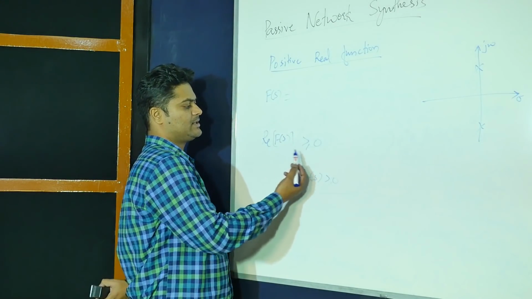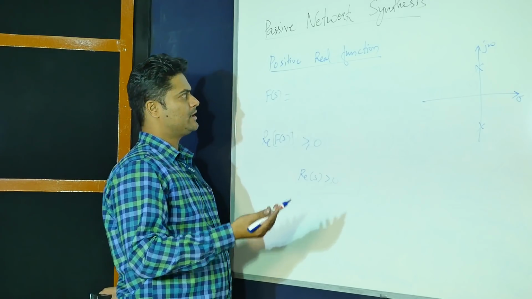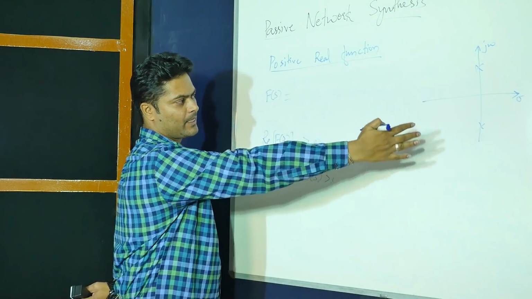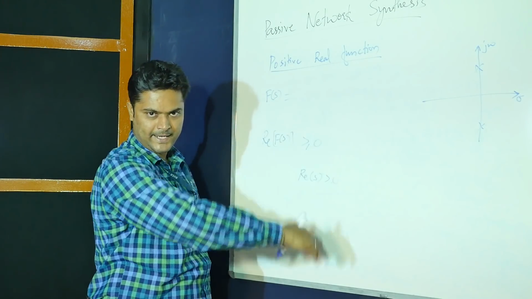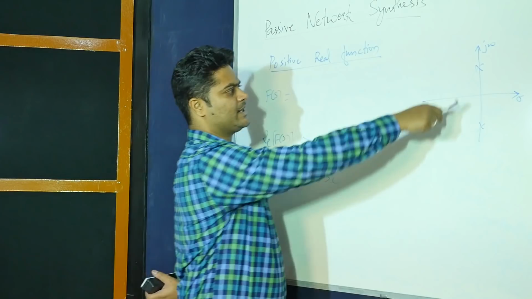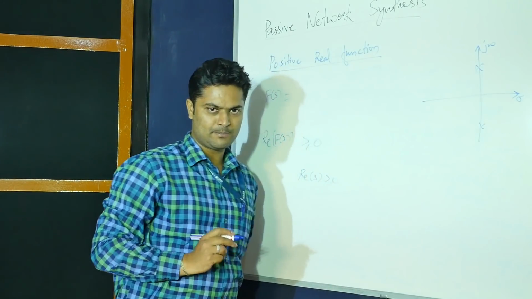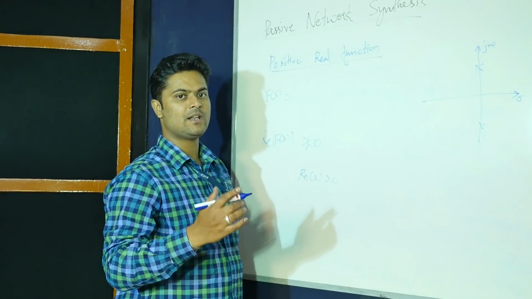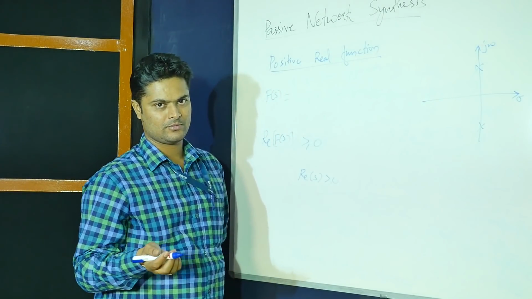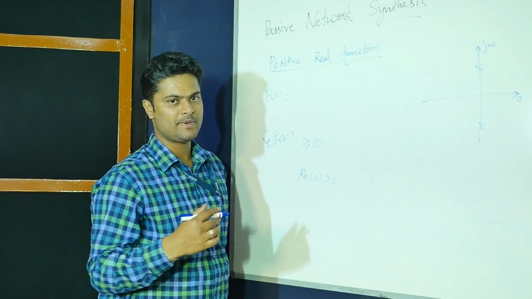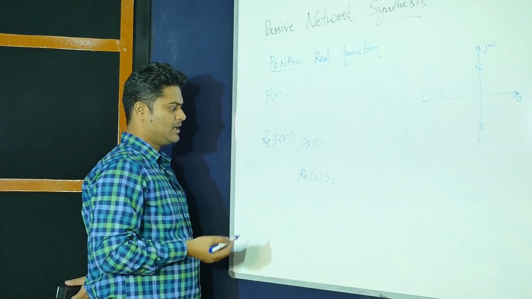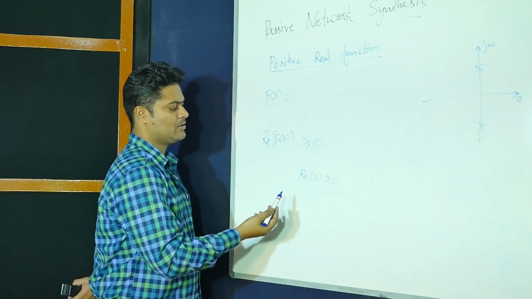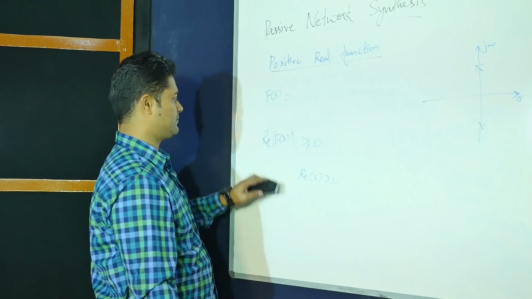That is the necessary condition in order to tell whether the function is positive real. The first condition: all the poles and zeros should lie on the left side of the s-plane. The second condition: if there are any simple roots lying on the j omega axis, the residue of that root has to be real and greater than or equal to 0. Real and positive. It should not be negative. And the third one is that the real part of f of s should be greater than or equal to 0 for the real part of s greater than or equal to 0.